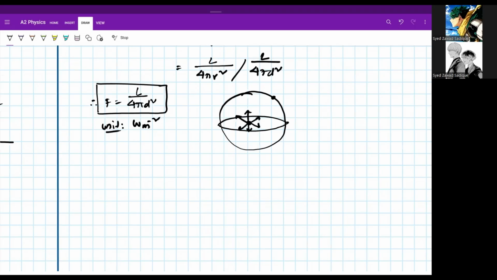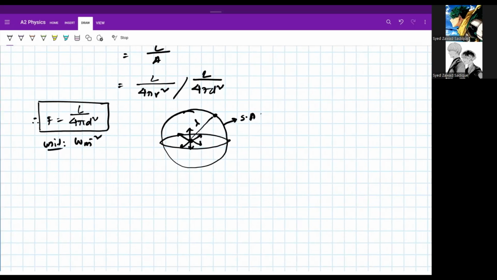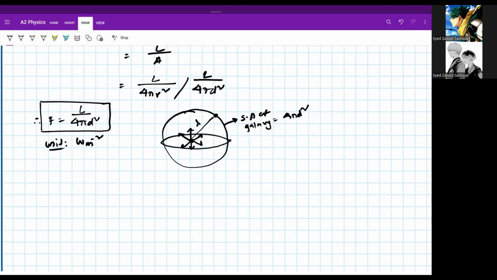And it's also going here, and the distance is d. Now, surface area of galaxy is equal to 4 pi d square. Nice. So that is the concept.